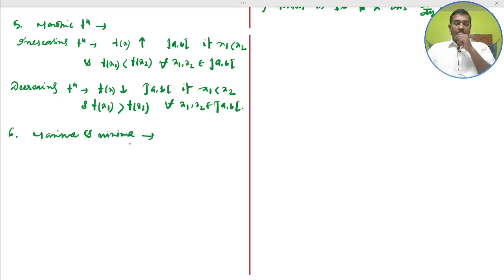Next, the maxima and minima. The rule for finding maxima and minima. First, the first derivative test.